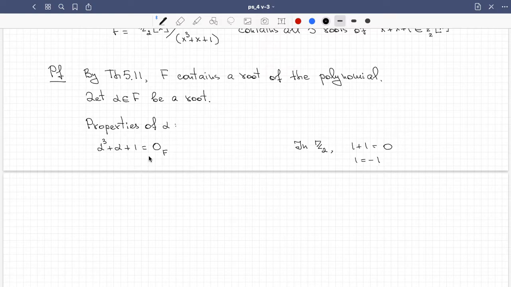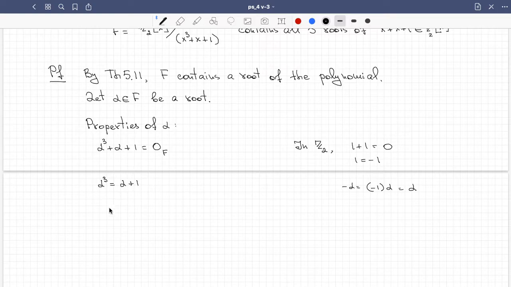Thus, we can rewrite that as alpha cubed equals negative alpha, negative 1, but negative 1 is equal to 1. Negative alpha is negative 1 times alpha, and negative 1 is equal to 1. So I can write it as alpha plus 1.